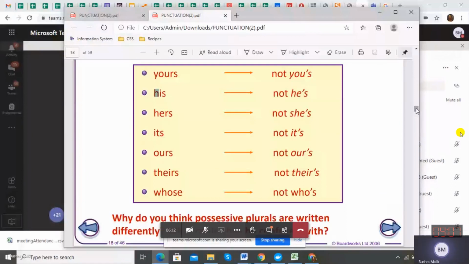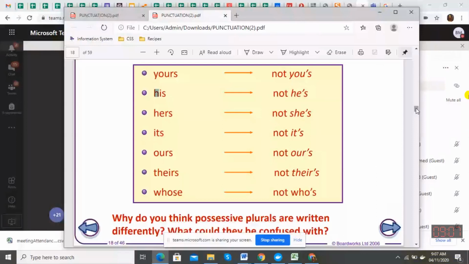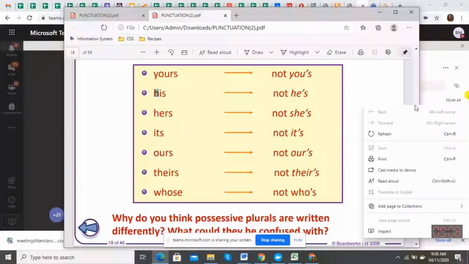Do you have any example in your mind? No? Think. Anyone, someone? Ma'am, his car or his something, his mobile.